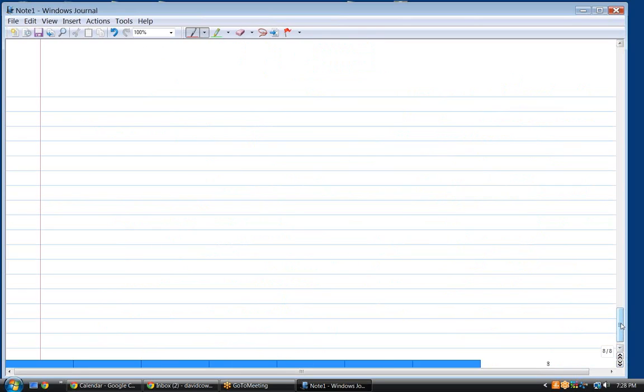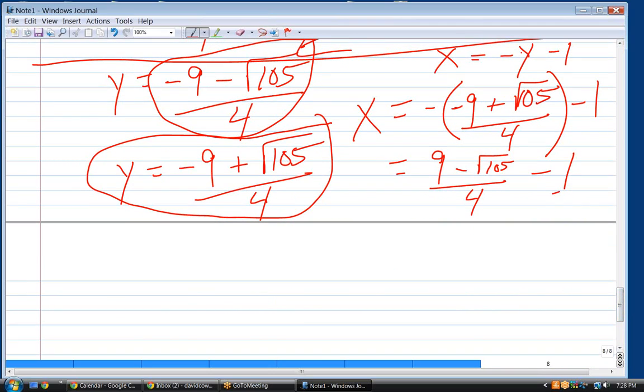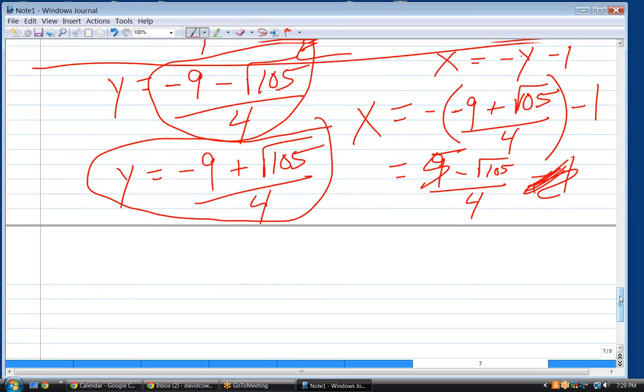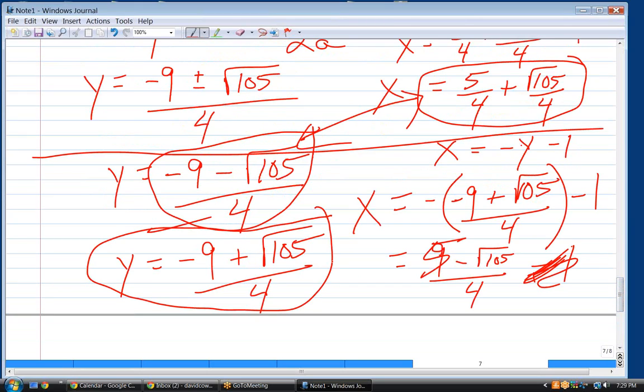And we can do that same process. In other words, I can get rid of that minus 1 by changing that to 5 instead of 9. So 5 minus root 105 over 4 goes with this y solution, and 5 plus root 105 all over 4 goes with this y solution.